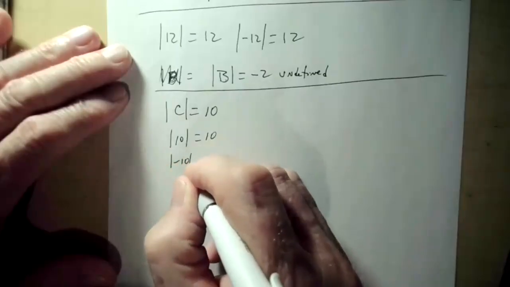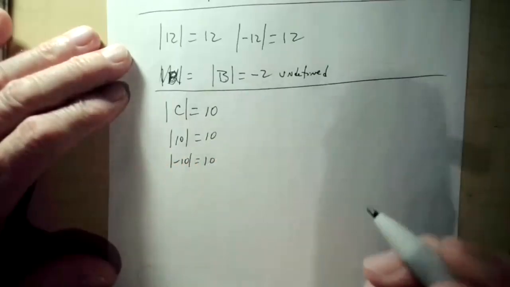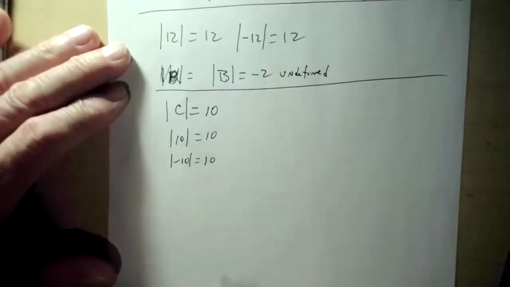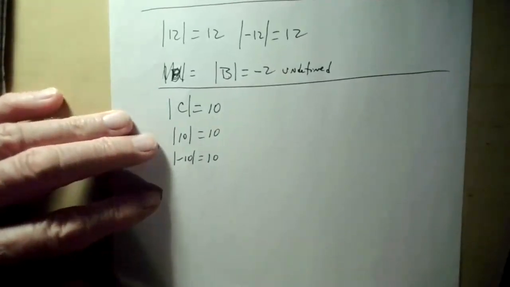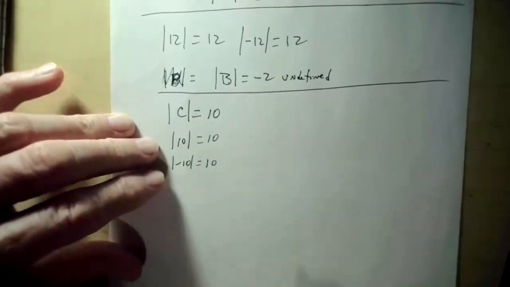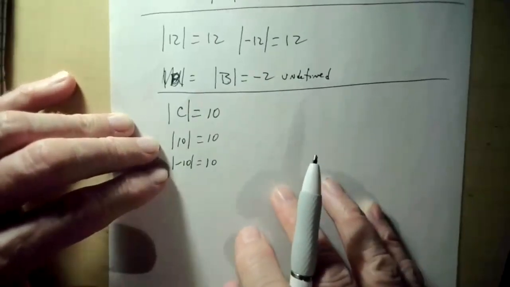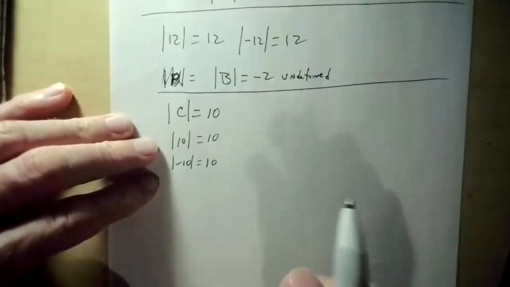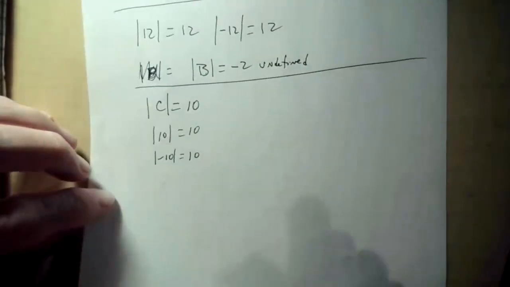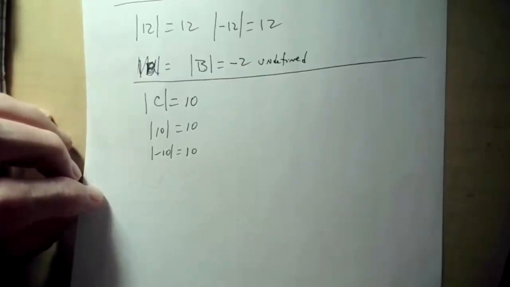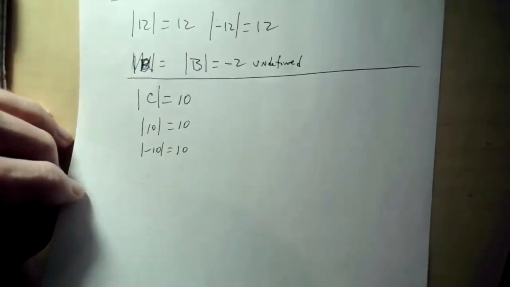Could be -10 also, right? So the absolute value of 10 is 10, and the absolute value of -10 is also 10. Kind of a trick question. Over the probably 20 years I've been doing this, I think I've only gotten one person to ever get this correct.